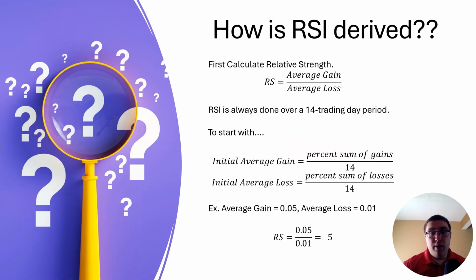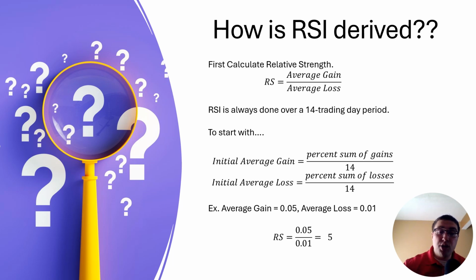So how is the RSI derived? Now, mathematically, we start with what's called relative strength, which is the average gain over the average loss. RSI does not need to actually use 14-day periods, but usually does. So in the event that you have the 14-day period, average gain is going to be the percent sum of all of the gains in those 14 days divided by 14.